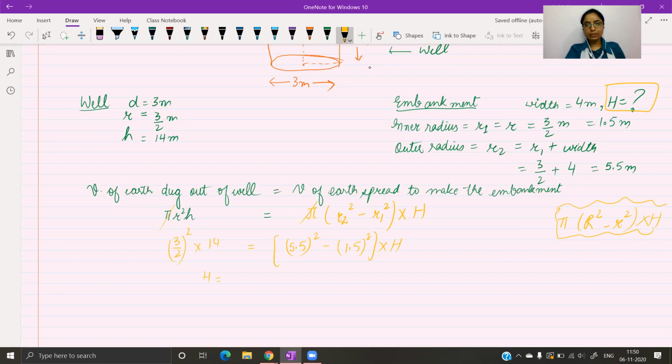So H will be 9 by 4 multiplied by 14 into 1 over, this will be 5.5 plus 1.5, 7, multiplied by 4.